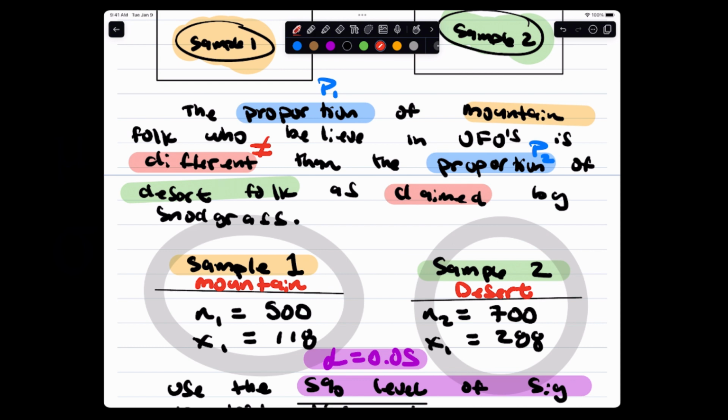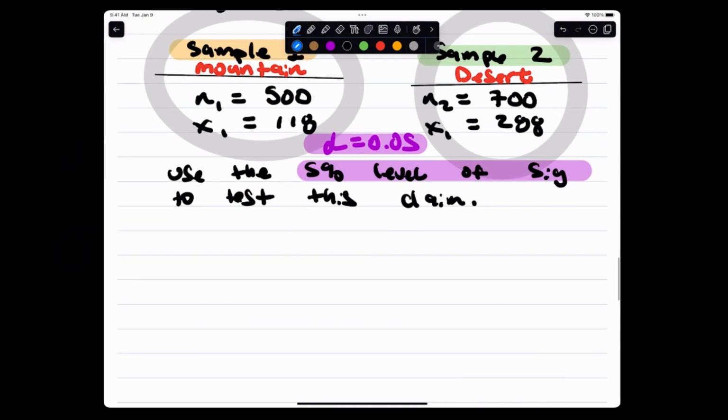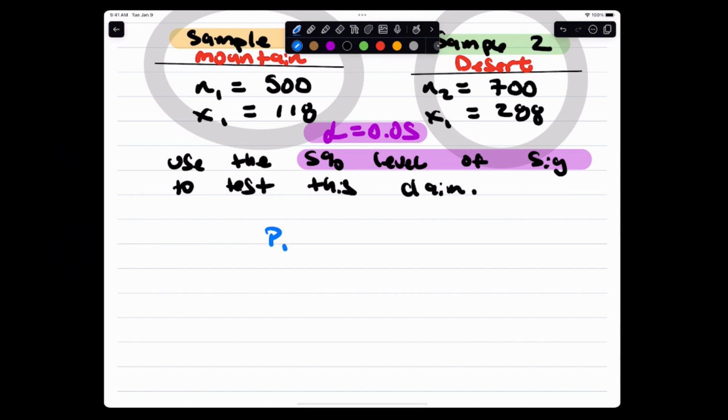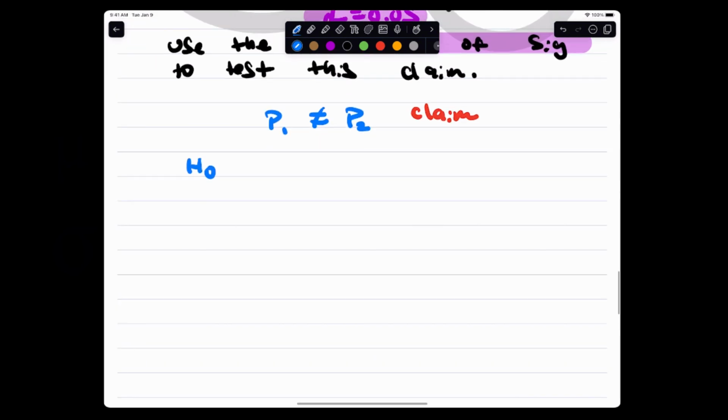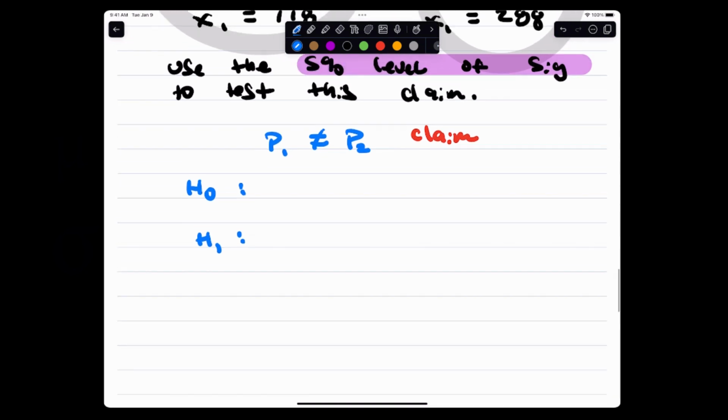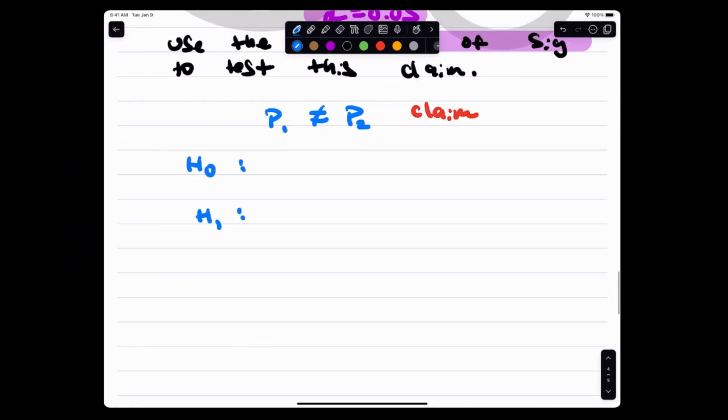All right, you guys okay with that? So you're going to write this down. You're going to say P1 is not the same as P2, and that is the claim, okay? Now, where does this claim go? Is that a null or an alternate hypothesis? It's an alternate. How do you know it's alternate?